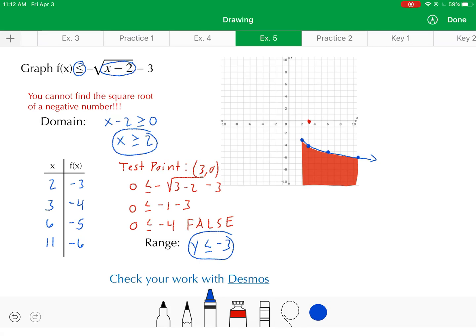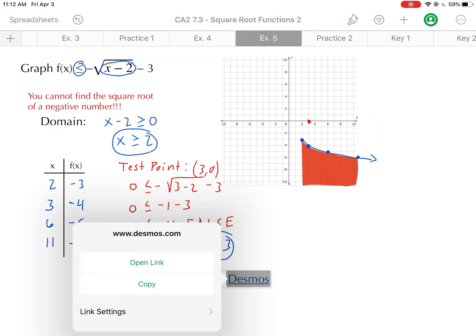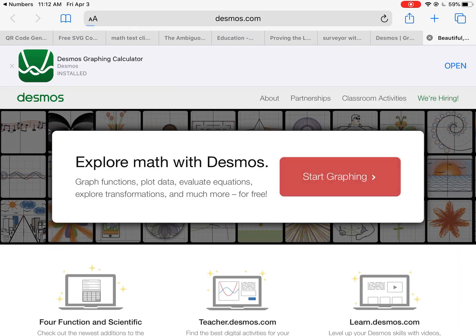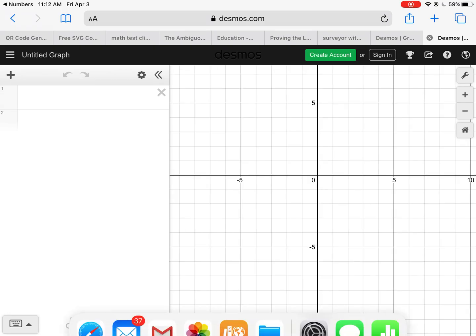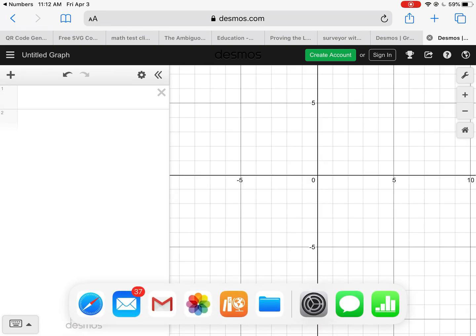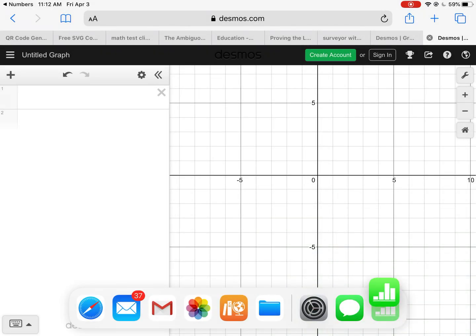All right, now we can check this with Desmos just like we did yesterday. So I'm going to click here, open it up one more time, start graphing. Let's go split screen here. Oops, sorry.